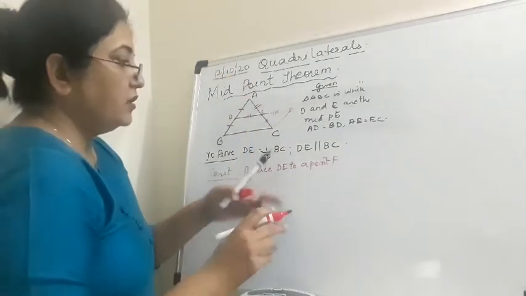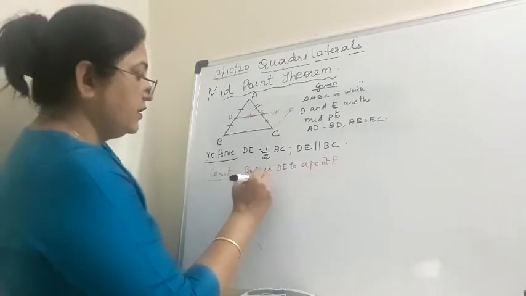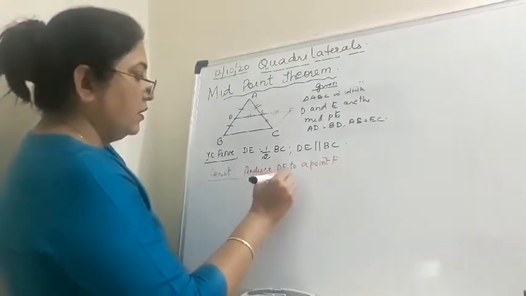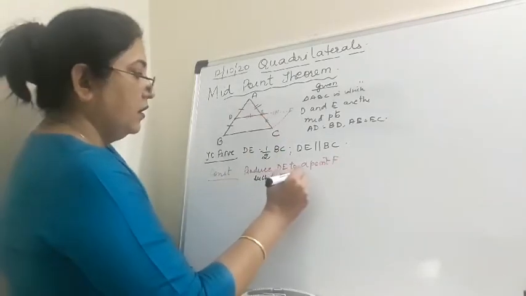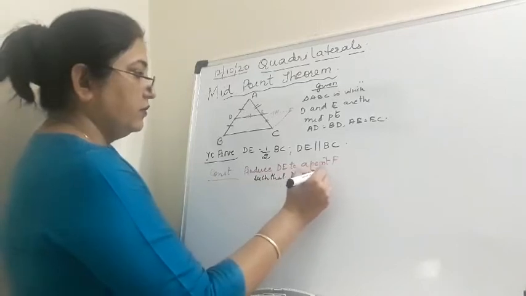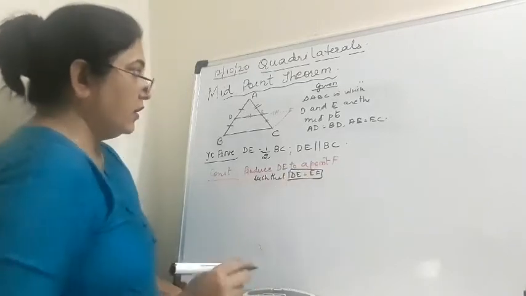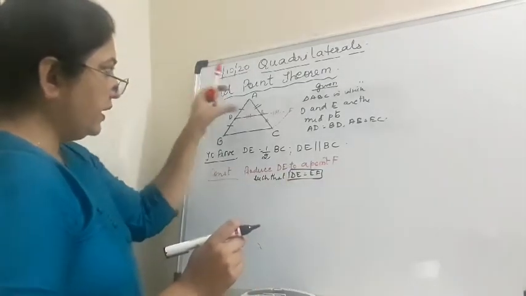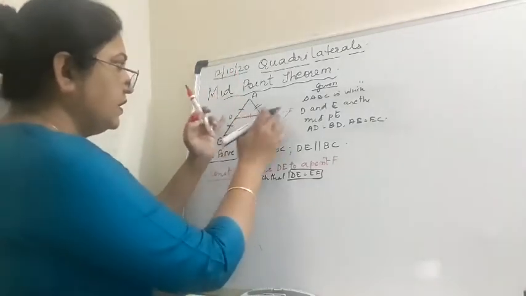So produce DE to a point F such that DE is equal to EF. Now you've got AD is equal to DB, AE is equal to EC and DE is equal to EF.